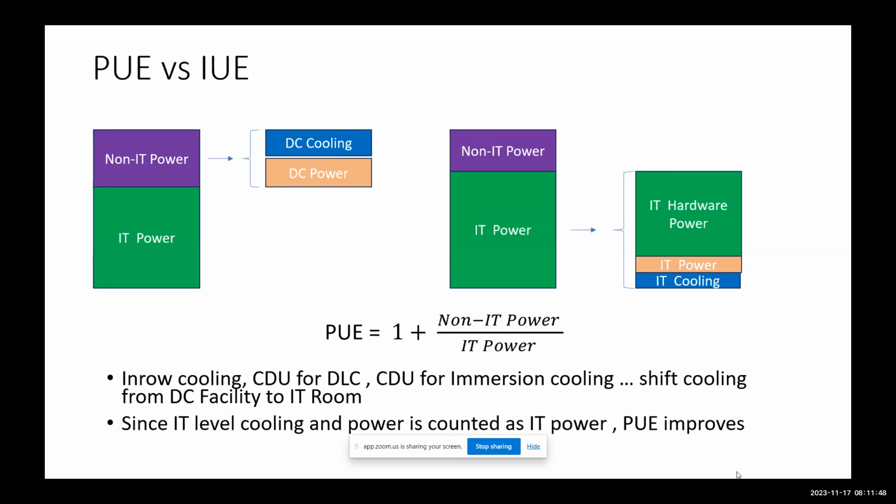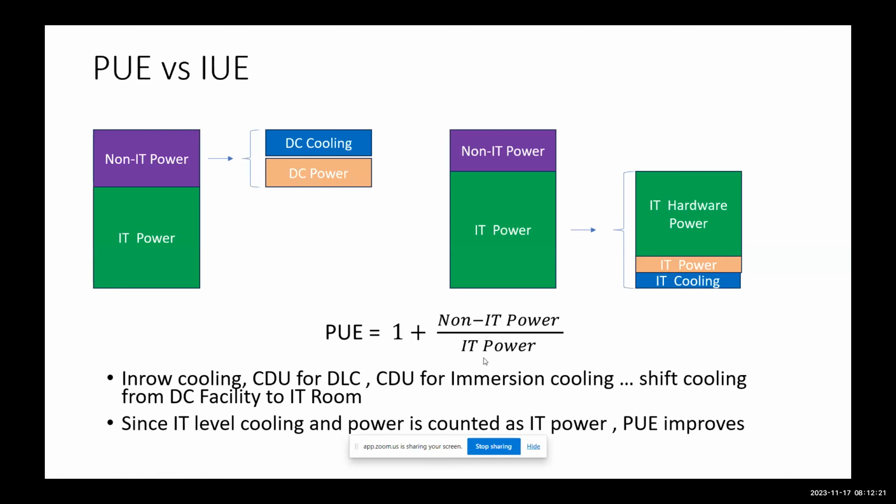Now, if you look at indoor cooling, coolant distribution units, immersion cooling, a lot of these trends, or if you look at 48-volt bus bars and so on, what's happening is that what used to be sitting in this purple box is slowly encroaching its way into the green box. Of course, your PUE gets improved, right? Because whatever was my tax became your tax, and you're sitting in the denominator, right?